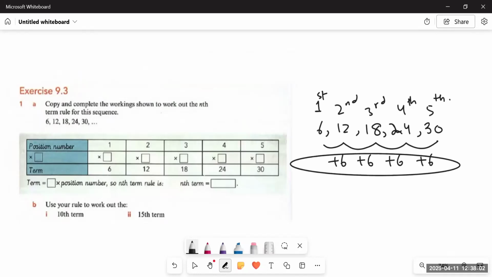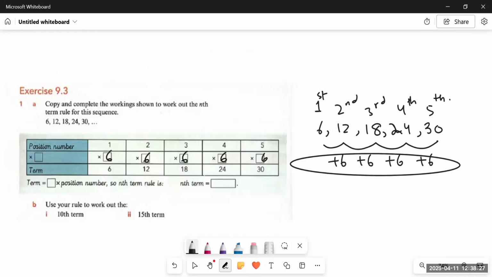Since all these numbers are multiples of 6 and it's starting from 6 itself, the first term would be 1 multiplied by 6, the second term 2 multiplied by 6, the third term 3 multiplied by 6, the fourth term 4 multiplied by 6. You see, whatever the term number is, we multiply it by 6 to find the nth term.